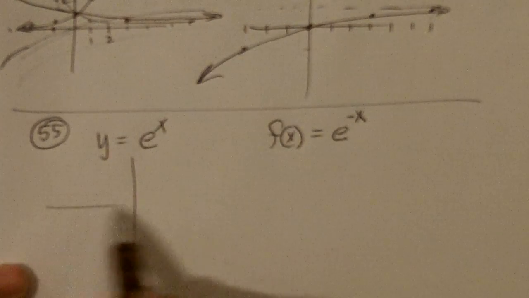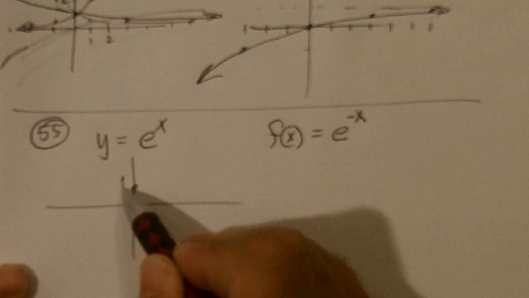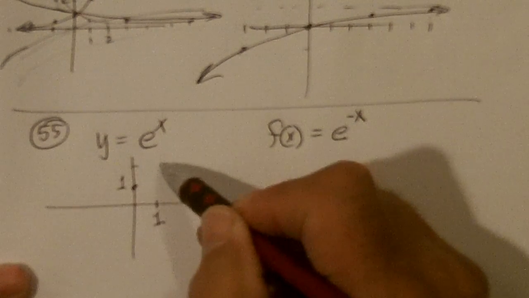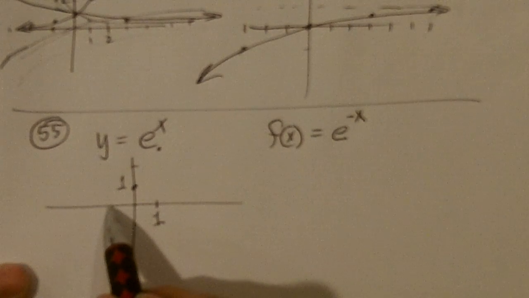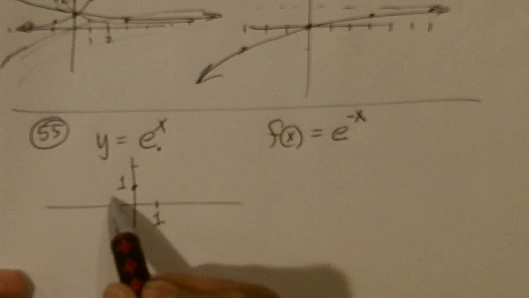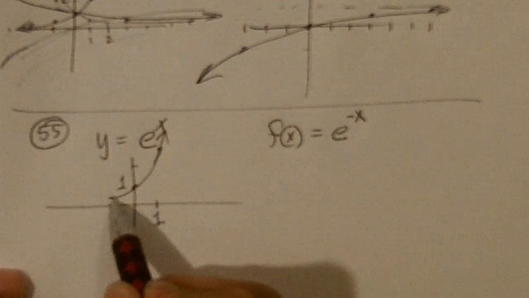What's this look like? e to the 0 is 1. e to the 1 is e, which is 2.7. 1 over e is 1 over 2.7, which is a little bit smaller than a half. And so this is what e to the x looks like.